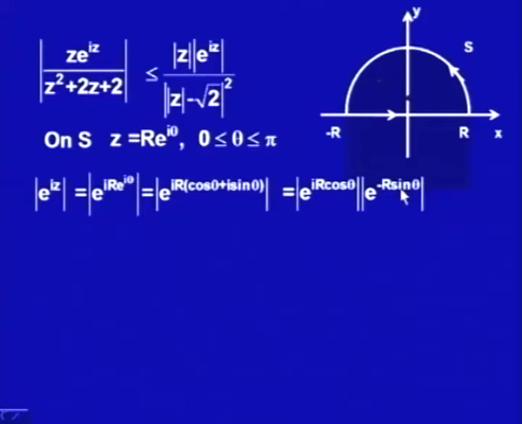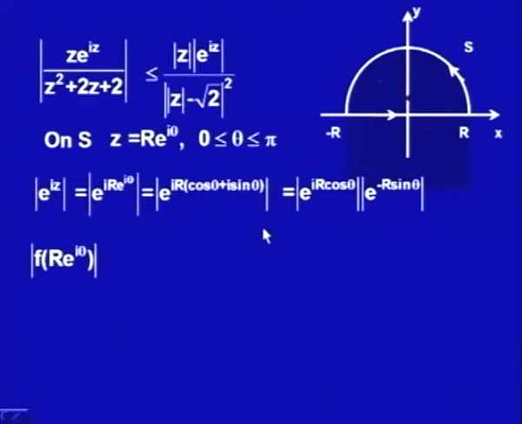Theta is lying between 0 to pi. We do know in the upper half, that is from 0 to pi, sin theta is always positive. So, this quantity is positive, and e to the power any such quantity is always going to be positive. So, the absolute value would be e to the power minus r sin theta.